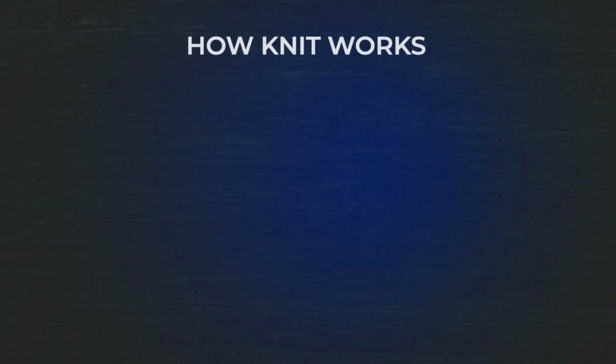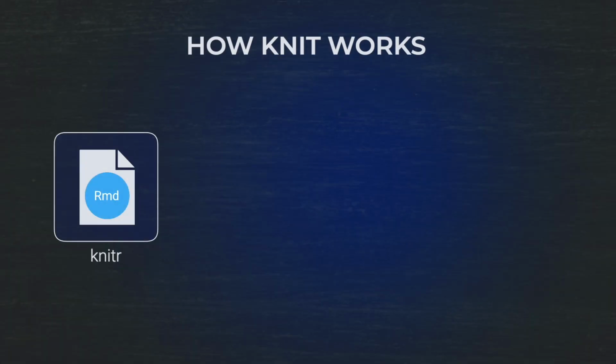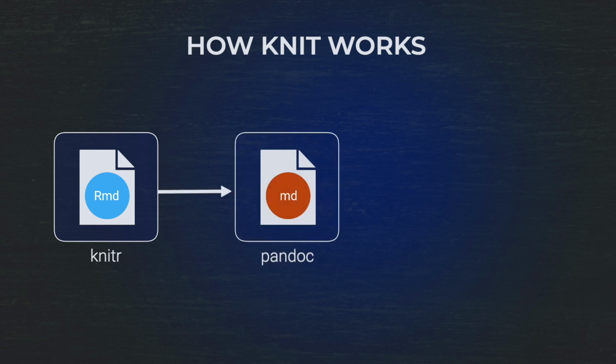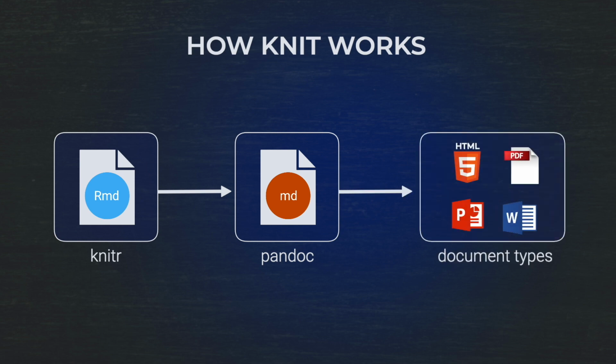The way that knit works is it's going to take the R Markdown document and convert it into a regular flavored Markdown document. And then this can be converted into multiple different document types. If you want to make a PDF of your report, then you can knit from an RMD into a PDF.